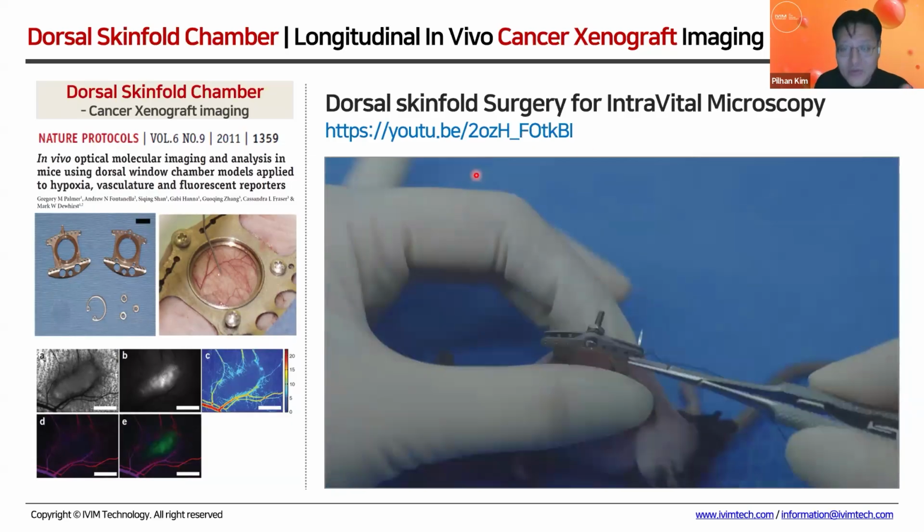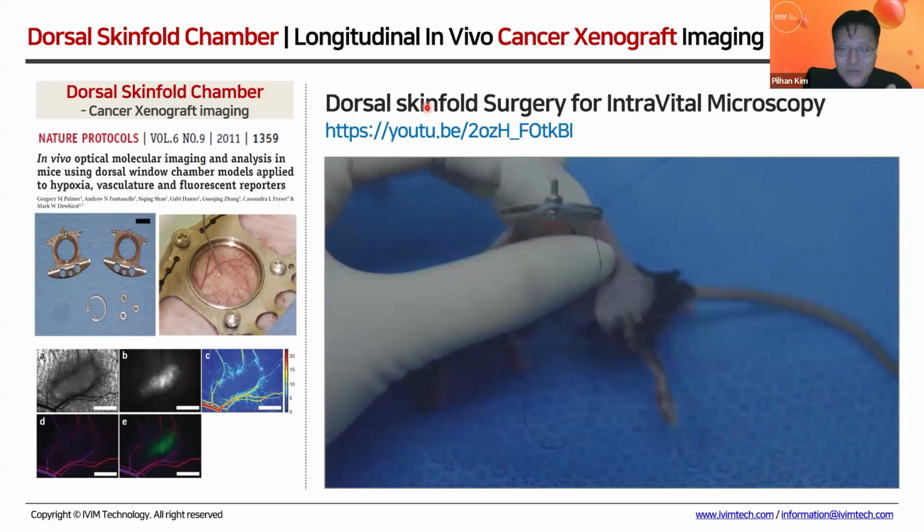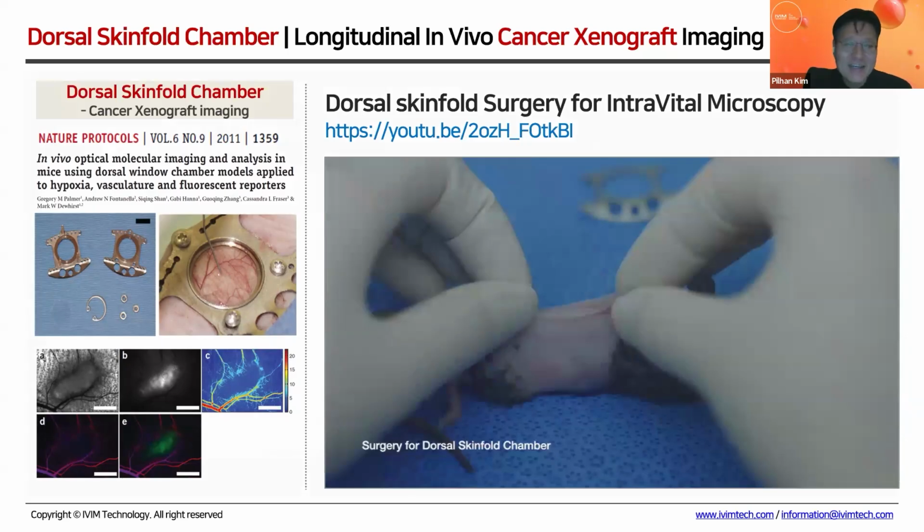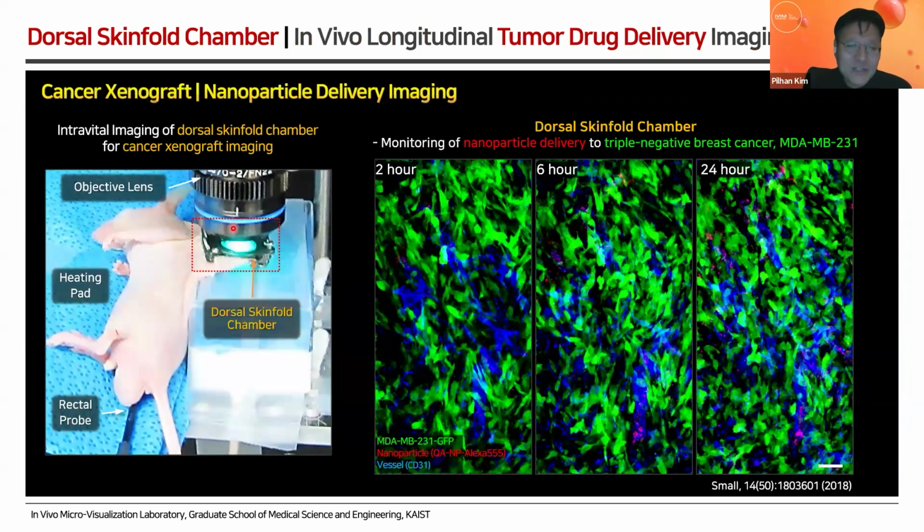You can see the surgery procedure from this YouTube link. After this implantation, this mouse will carry this dorsal skinfold chamber for 3 to 4 weeks. During those 3 to 4 weeks, we can repeatedly image the tumor development and the drug treatment inside of these imaging windows.